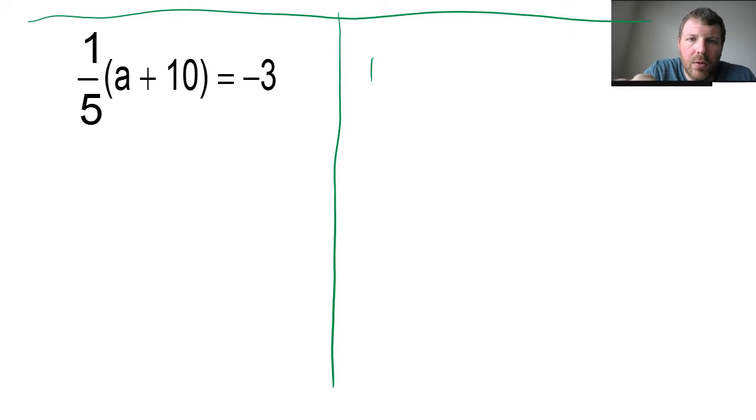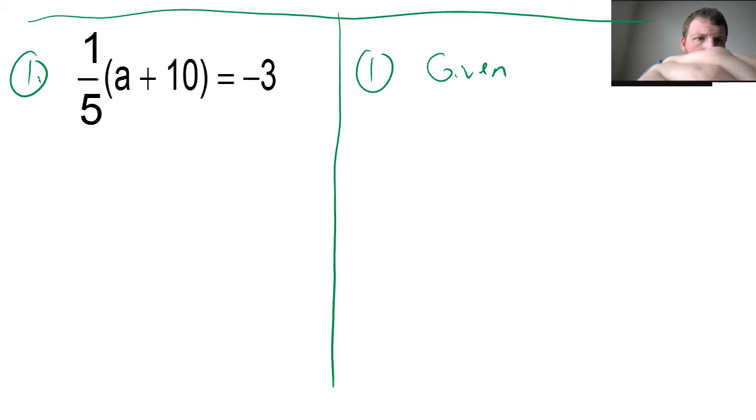My reason will be the given because it's been given to me. So the left side is the statements, the right side is the reason for getting that statement. Since it was just brought to me, it's the given. It's the original information that they gave me. We have to start with something, so we start with a given.